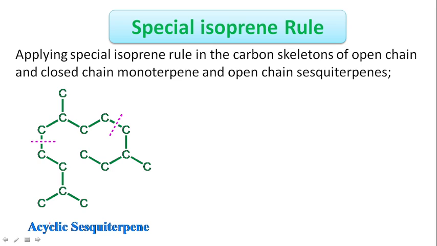For example, here in acyclic sesquiterpene, this head, this tail, this head, this tail, there is attachment of carbon of tail end to the head end. Yes, there is attachment of carbon of this head end to the tail end carbon. Yes, we can see the head to tail attachment in acyclic sesquiterpene.